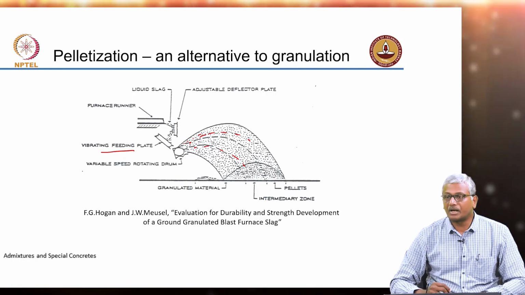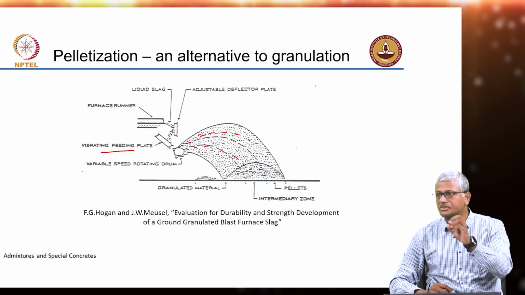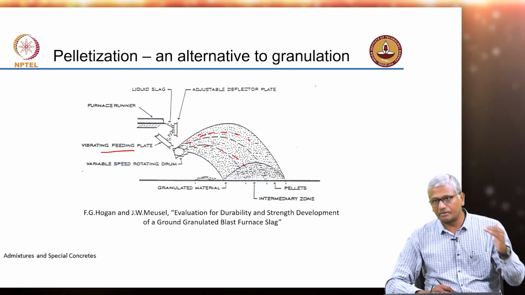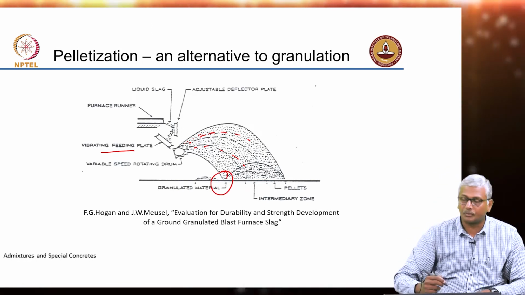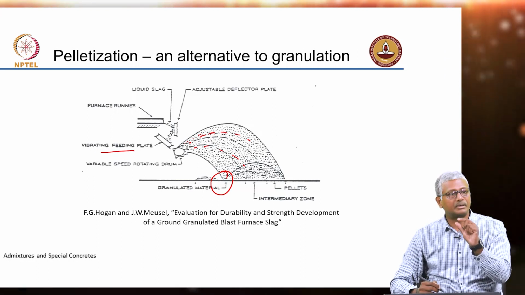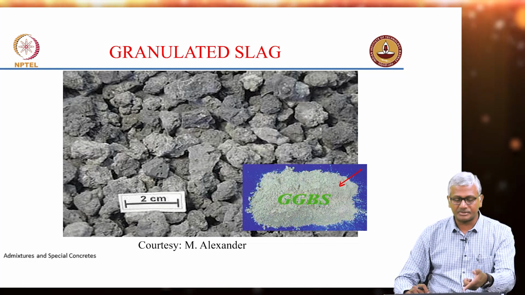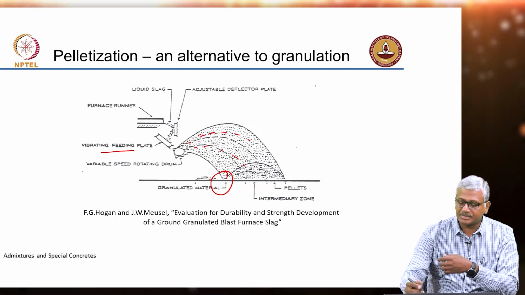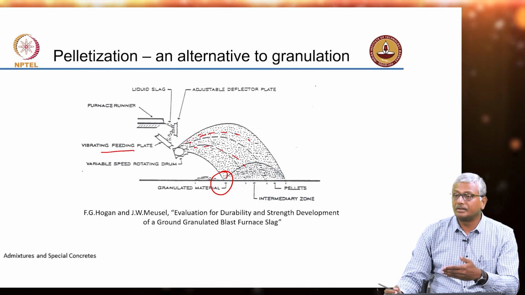So, what happens is there will be some pellets that form which are larger in size, there will be some particles of slag which are smaller, which may fly further. So, you collect the granulated material over here, which is of the size of the granulated slag size. You can see about 1 to 2 centimeters is the size, and then the small pellets are basically getting formed on the other side.